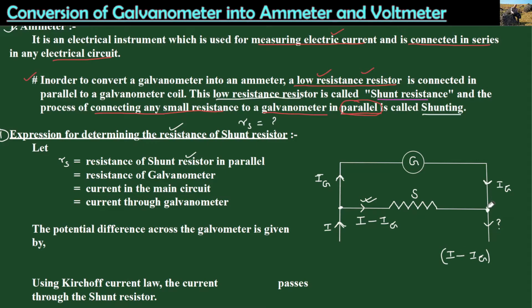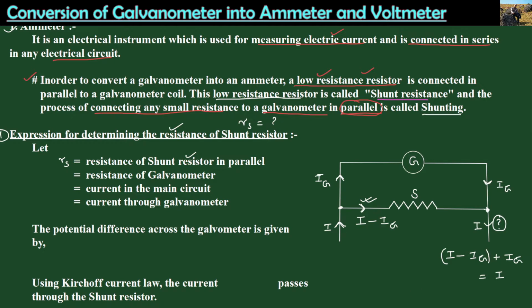And with respect to this point, another current is also approaching this junction point. All the currents entering the point will be taken as positive. So if you work out the math, this will be negative Ig, this will be positive Ig. Things get cancelled, so the current over here will be I, which is the current in the main circuit. That satisfies the verification of Kirchhoff's current law.